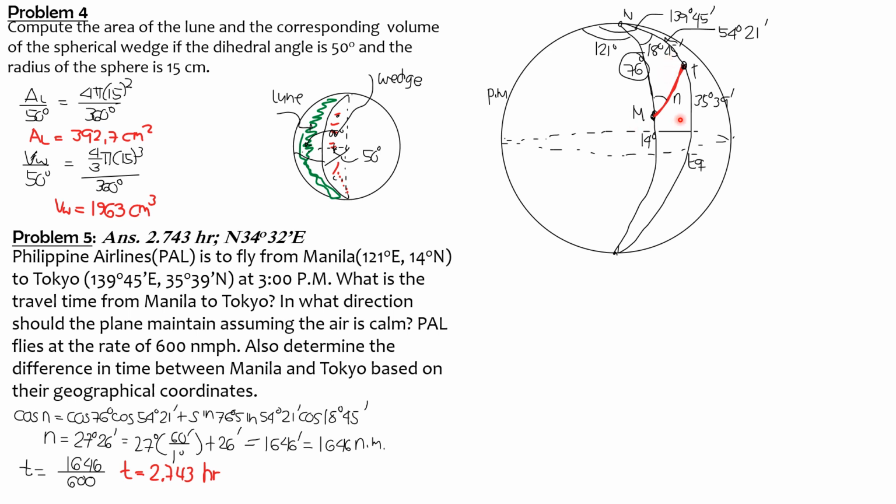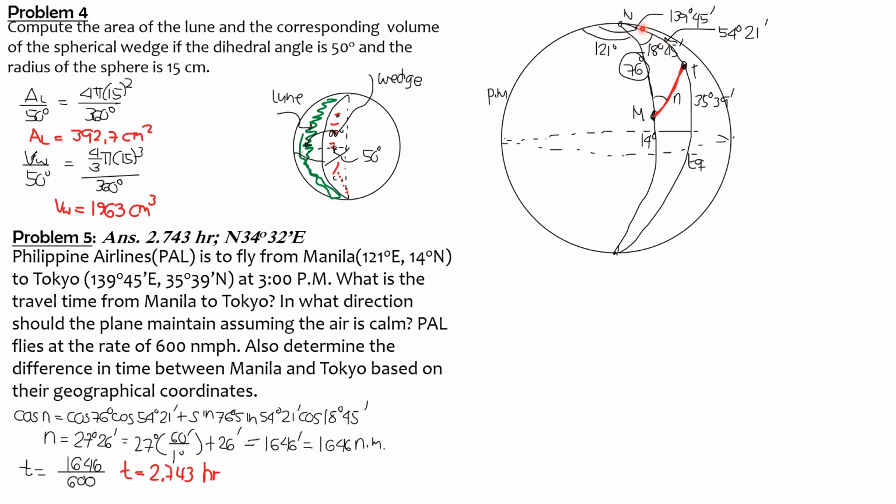So likewise, the latitude of Tokyo is 35 degrees 39 minutes north. So therefore, this side of the spherical triangle, we treat this as the spherical triangle to be solved, is 90 degrees minus 35 degrees 39, so it is 54 degrees 21 minutes.